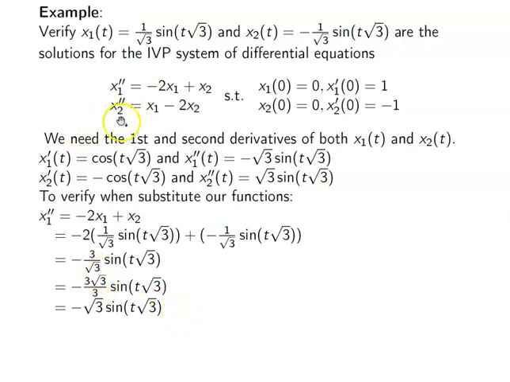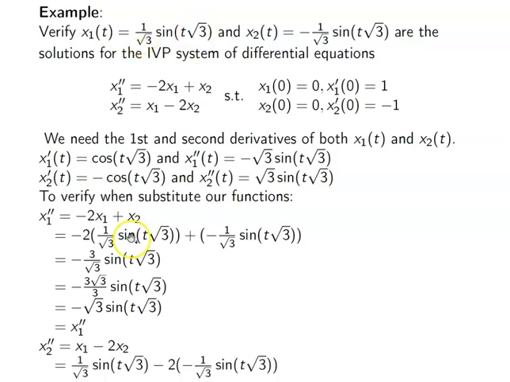Okay, so we'll do the same thing for x2 double prime. Again, x1 double prime matched. x2 double prime is just x1 minus 2x2. Let's make that substitution, so I have x1 minus 2 of these. Same thing is happening here.